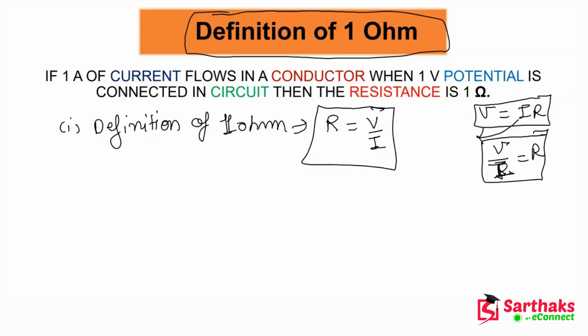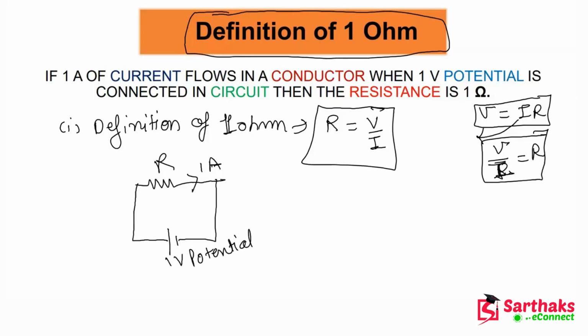So how would I do that? If 1 ampere of current flows in a circuit when 1 volt potential is connected in the circuit, then the resistance is 1 ohm. Let's suppose this is a resistance. We don't know its value, but we know that 1 ampere current is flowing in this circuit by connecting 1 volt potential.